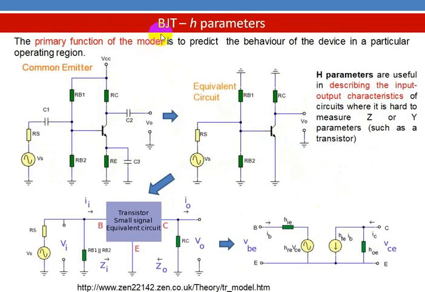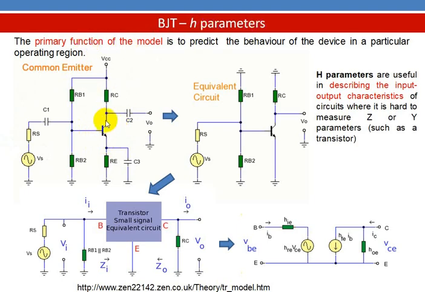Coming to the H parameters, the H parameters will be provided by the manufacturers for a particular device. If you want to analyze transistor circuits, we need an equivalent model for the transistor. To construct a model, we need these H parameters.